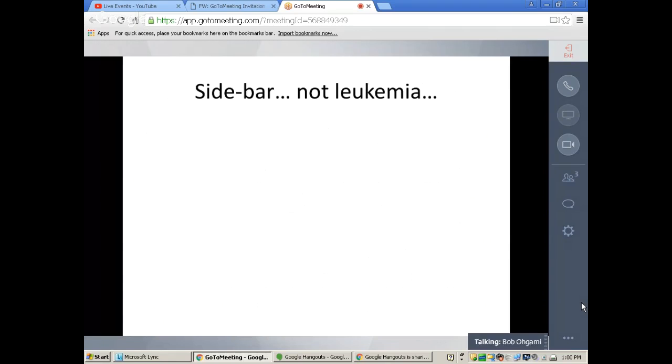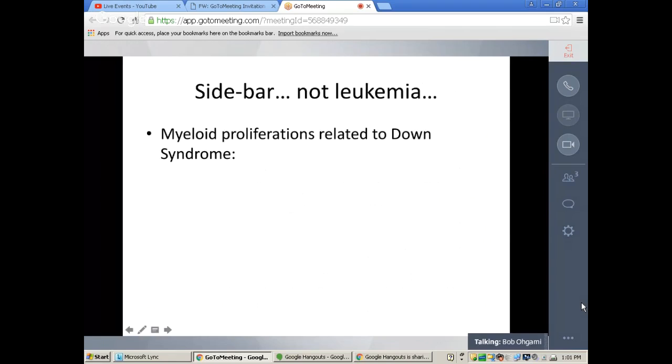Patients with Down syndrome can get something that's not leukemia, that's basically a myeloid proliferation that's transient and going to go away. That's why the official category, if you look at the 2008 and 2016 WHO, is a larger subclassification: myeloid proliferations related to Down syndrome.